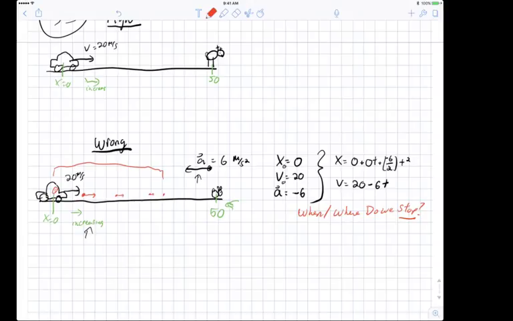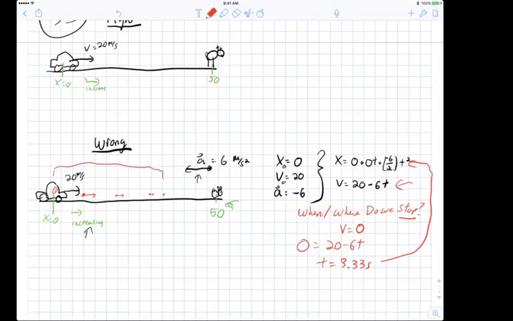So they're saying we're looking for when v is equal to 0. How do we solve for that? You can use this equation here. 0 is equal to 20 minus 6t. So t is equal to 3.33 seconds. And you can plug that into this equation.